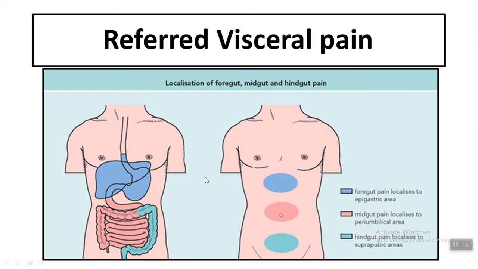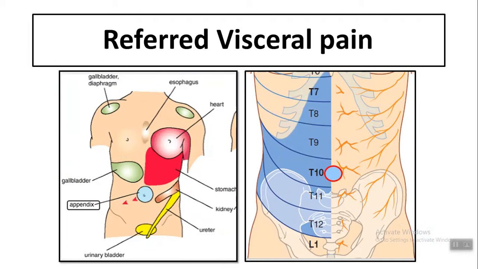So the pain will refer to the umbilical region. Then, when the appendix is inflamed and increased in size, the pain will shift to the right iliac region. That is when the appendix touches the parietal peritoneum of the anterior abdominal wall, and the pain will localize to the right iliac region.